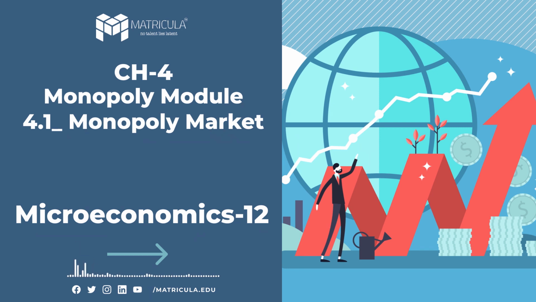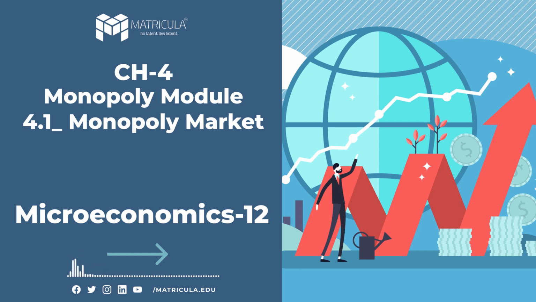When price per unit is rupees 8 and quantity is 1, TR is 8, AR is 8 and MR is 8. When price per unit is 7 and quantity is 2, then TR is 14, AR is 7 and MR is 6. When price per unit is 6 and quantity is 3, then TR is 18, AR is 6 and MR is 4.